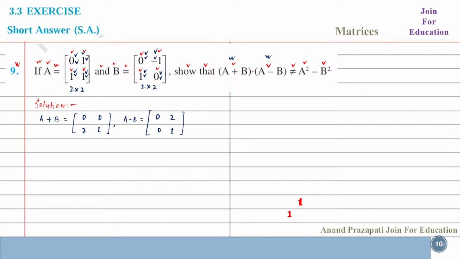Order of A plus B is 2 by 2 and order of A minus B is also 2 by 2.